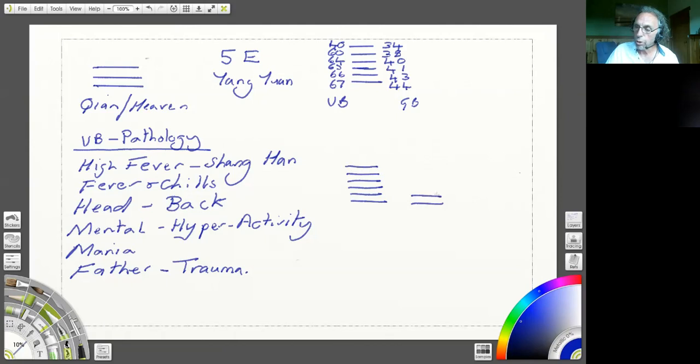So if we use that example I gave earlier, where we have father underneath and eldest daughter or a middle-aged lady, we can see that the only line that is not in the same polarity is this line. So this is the fourth line. Yeah. And when we come to the points, it's 64 and 40.